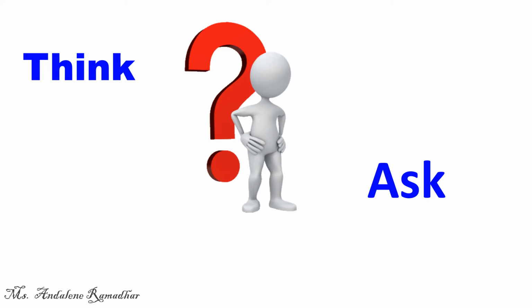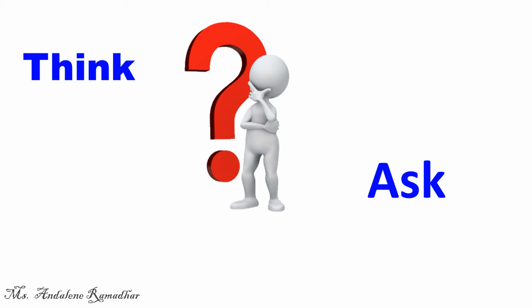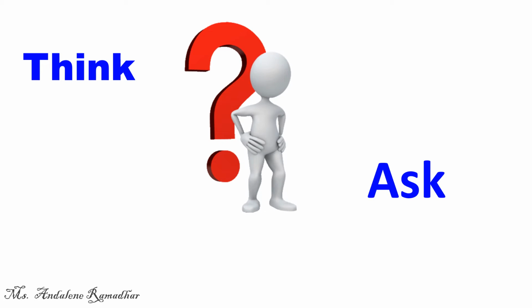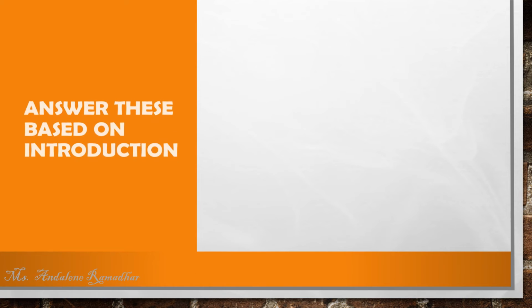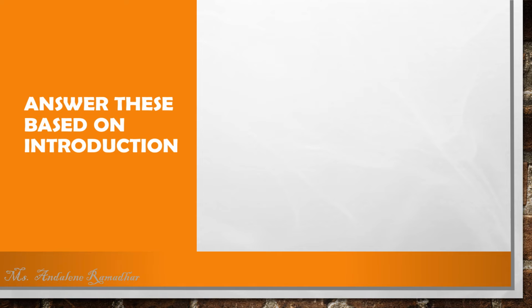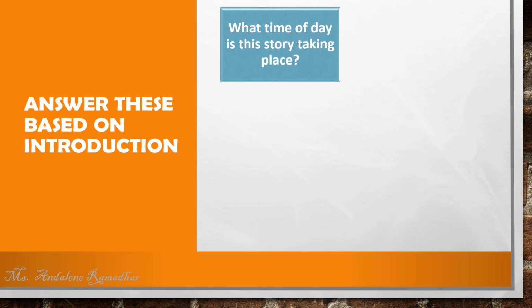For effective writing, we must think about what we have written and ask ourselves if it includes all the necessary details. To ensure that our paragraph has the necessary details, we could ask the following questions. 1.